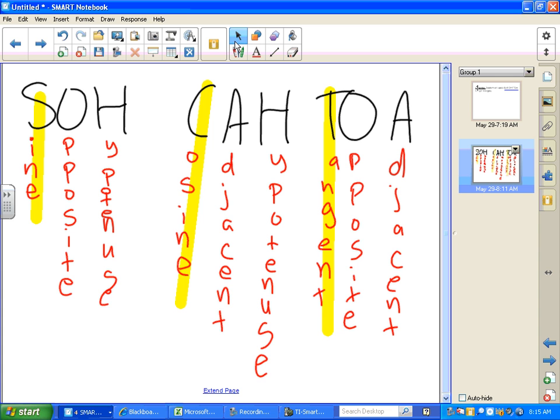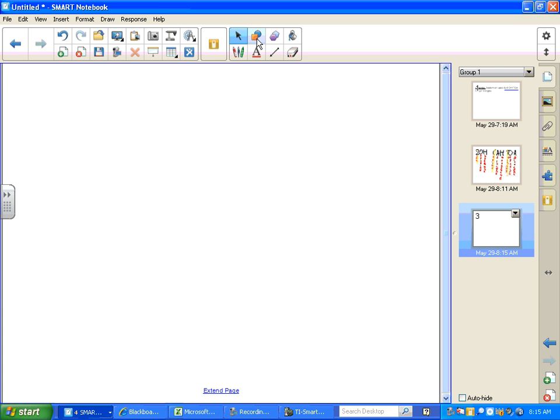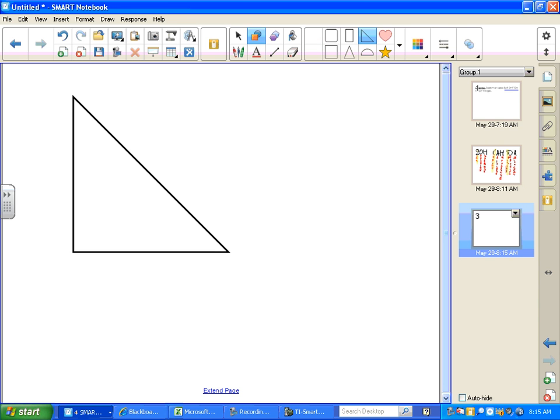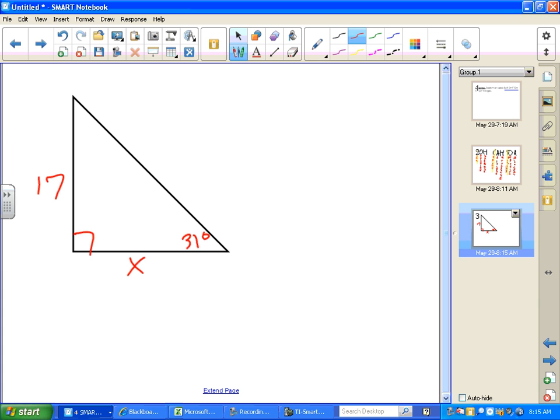Okay, let me draw, I'm going to put a triangle up, and I want you guys to draw on your paper a triangle that kind of looks like this. I'm going to help you guys set these up, and we're going to make this the right angle. Let's see, this is 31 degrees. This is X, and this is 17. I did not draw it to scale.